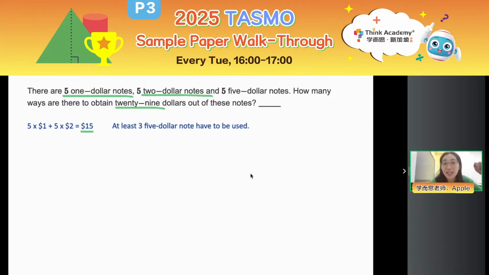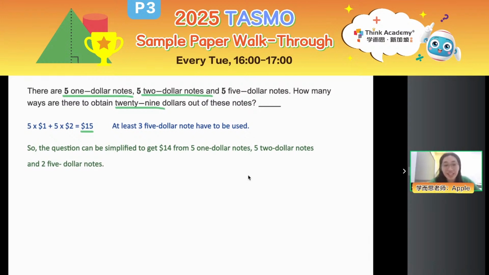So how many $5 notes do I need? If you get one $5 note, then the most is 20, still not enough. If you get 2 $5 notes, then the total is 25, still not enough. So at least you need to use 3 $5 notes, right?